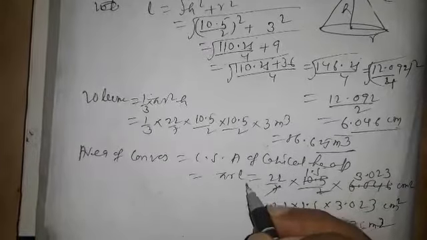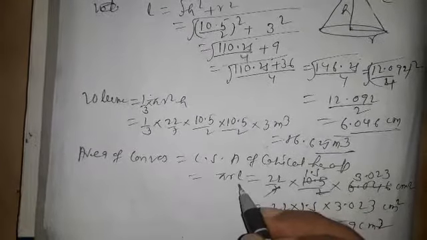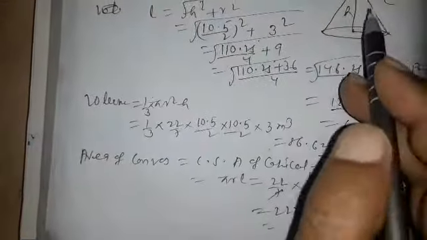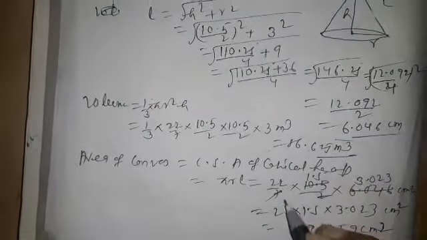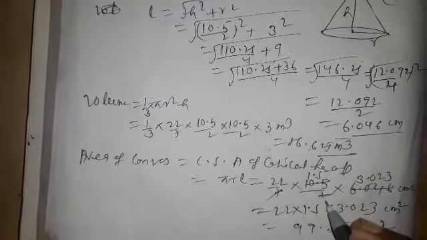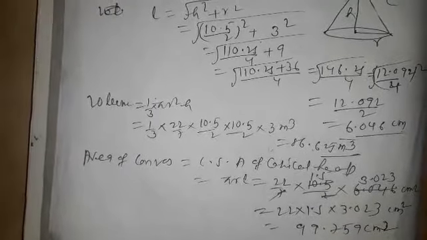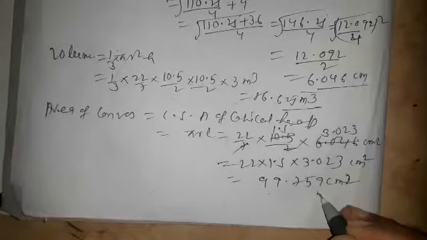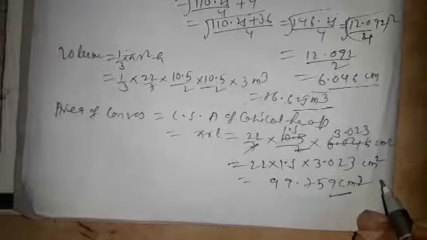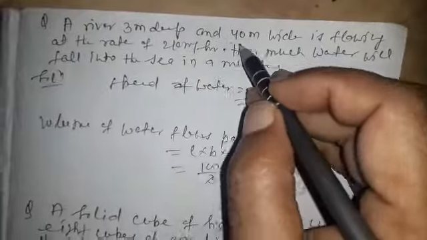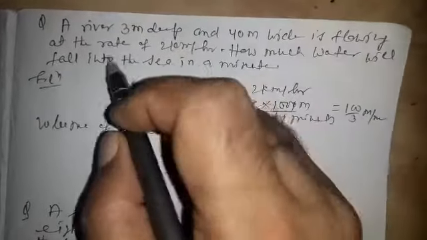So pi r l. For finding the area of canvas we have to find the curved surface area of the conical heap, which is pi r l, 22 by 7, 10.5 by 2 into 6.046, and then this is equal to 99.759 square meter.